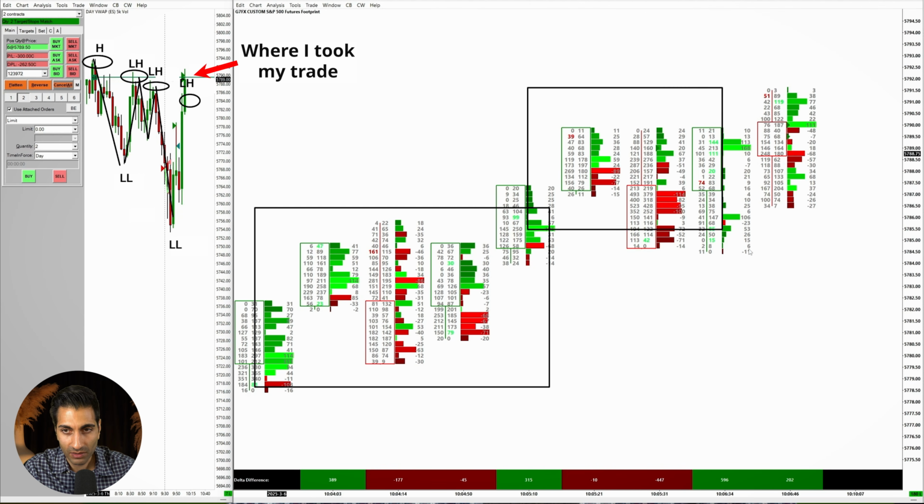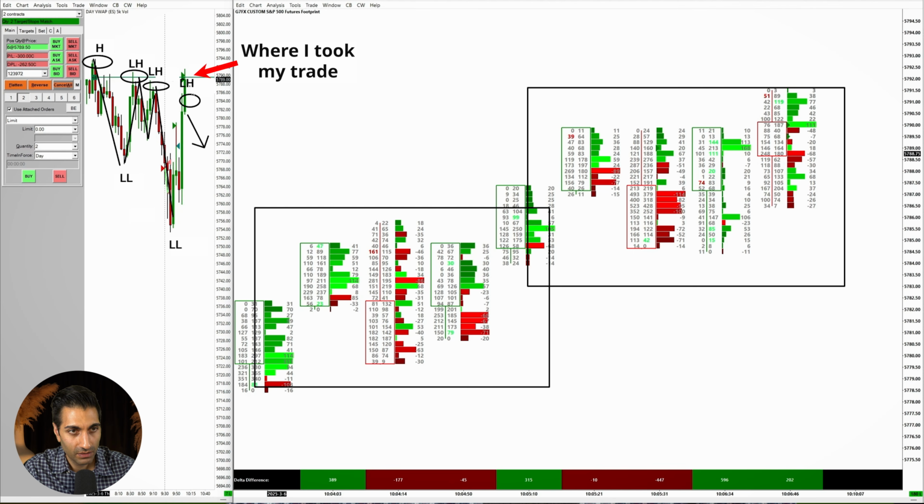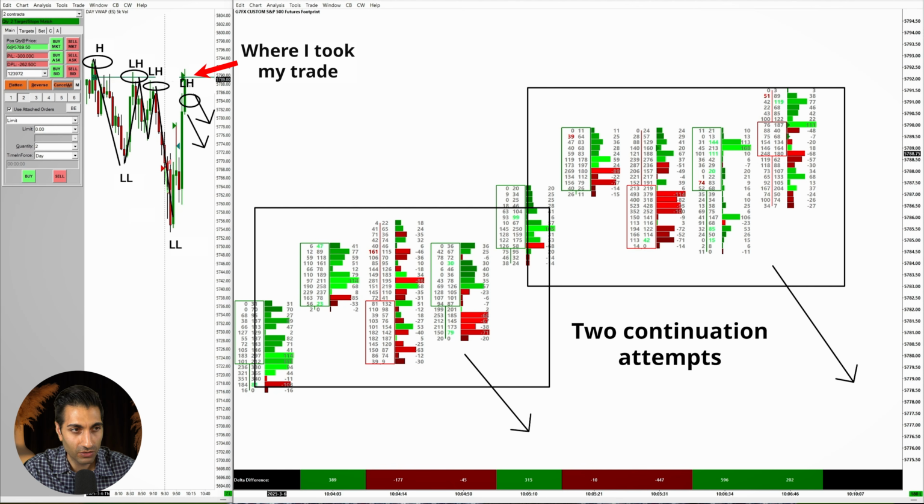So we've got 1 and we've got 2 attempts to continue. Do you see that? 2 attempts to make a continuation, and you can quite clearly see the sellers right here. Do you see? Identical.